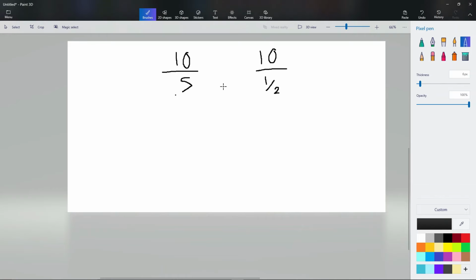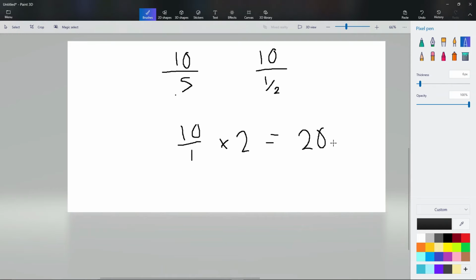Man, I'm really tired. And we have a fraction underneath a fraction. What happens here is that we actually have to get rid of this 1 here. The 2 here on the bottom of this fraction actually ends up being multiplied to the top. This is a neat little trick. So what we're doing in reality is 10 divided by 1, which is equal to 10, multiplied by 2, which equals 20. So simple.